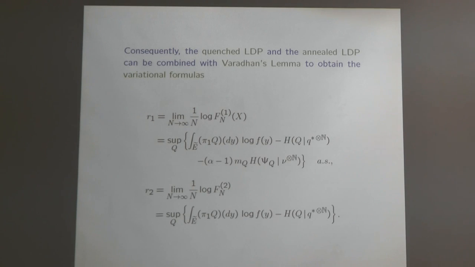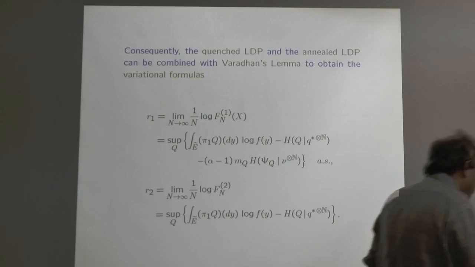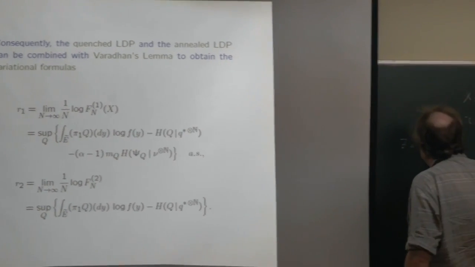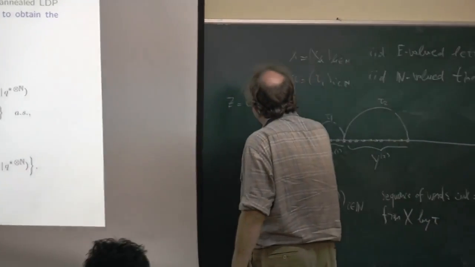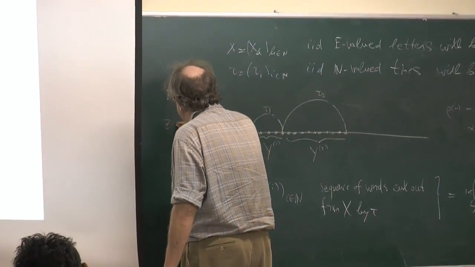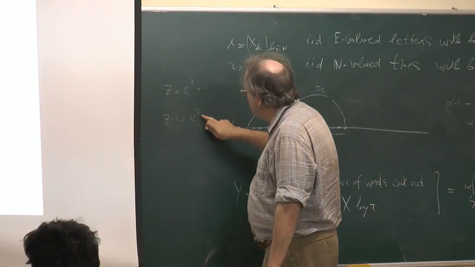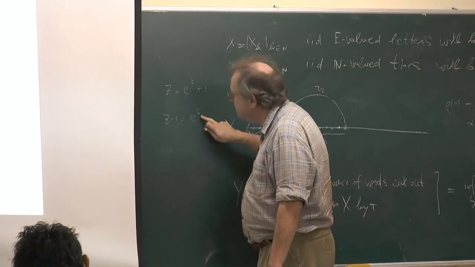I'm going to say, well, let me call z equal to e to the r. So z is e to the r plus 1. Then z minus 1 is e to the r. And then the changeover should be happening.